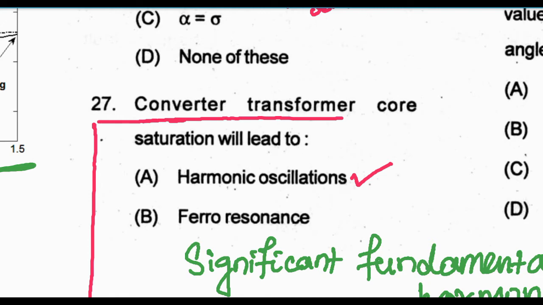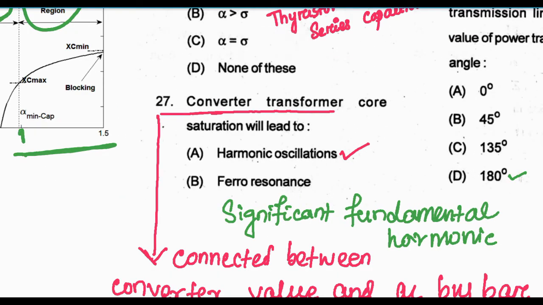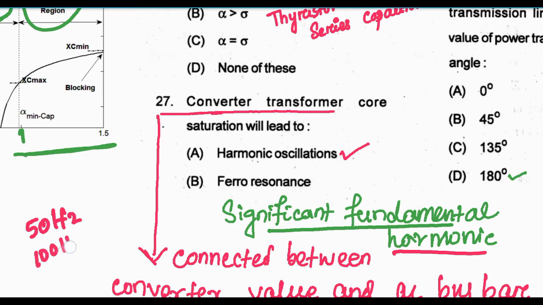Harmonic oscillations means the integer multiples of fundamental harmonics. But in this case we generally found the maximum harmonic is significant fundamental harmonic. You can say that if you are telling that this is fundamental, then why you are telling it to be harmonic? Because we cannot say that 50 hertz to be a harmonic. 100 hertz, 150 hertz are harmonics.